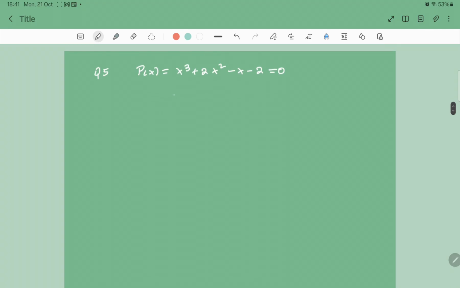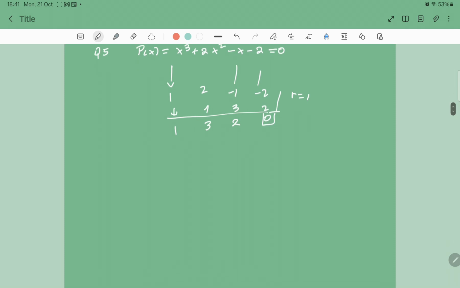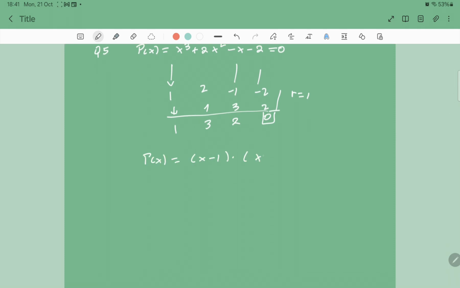Question number 5. I take the coefficients of the polynomial. I kickstart with initial guess 1. P of x equals x minus 1 times x squared plus 3x plus 2.